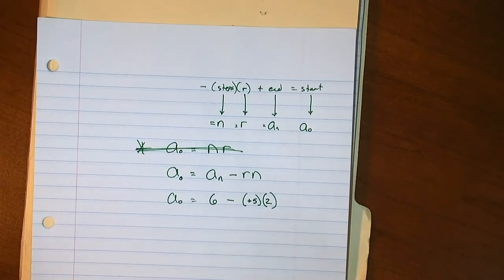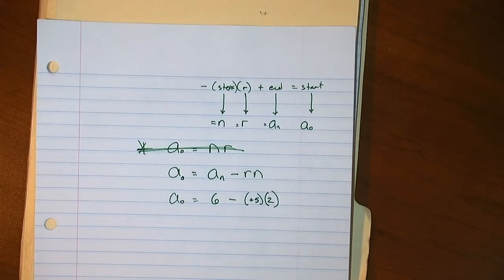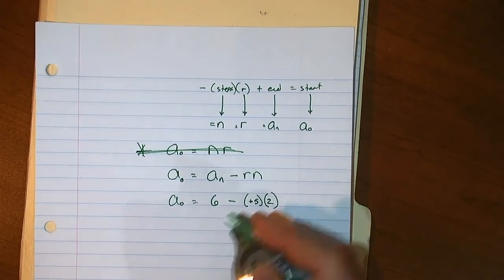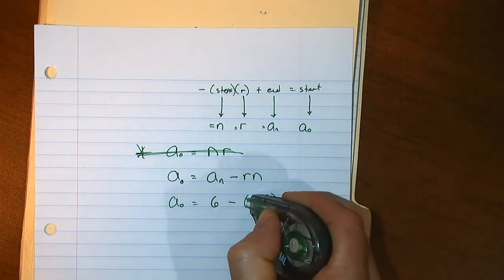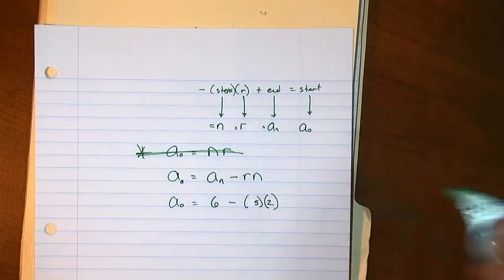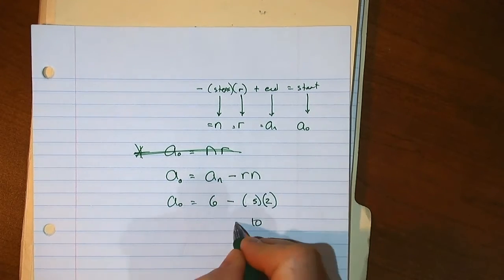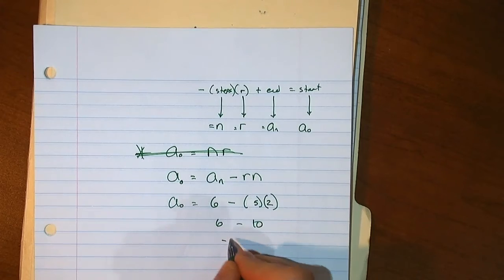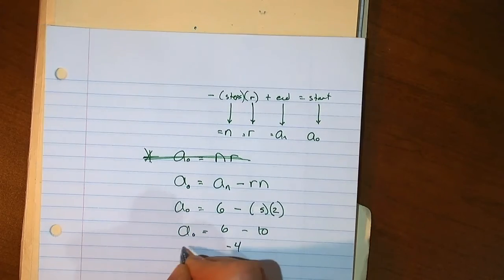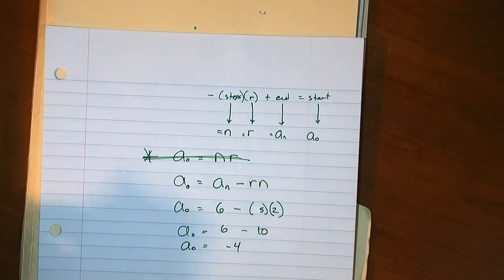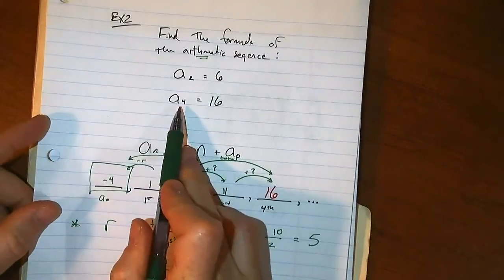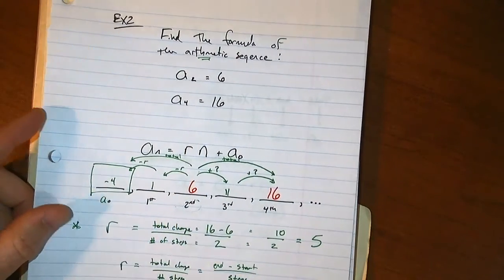Adding 5, I don't really need that plus sign, right? We know it's positive just because I didn't put a negative sign. So I do 5 times 2, that's 10. 6 minus 10 is -4. And there's my a sub 0. And that matches what I calculated right here.